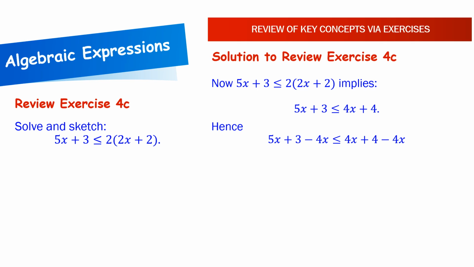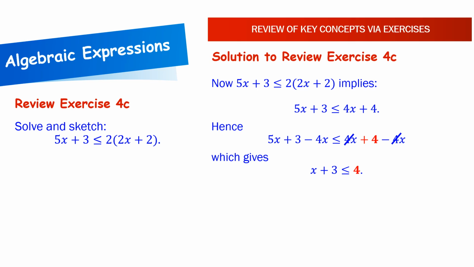If we subtract 4x from both sides, as shown, then tidying up gives us 5x minus 4x is x, the 3 stays as it is, 4x minus 4x cancels, and 4 stays as it is.